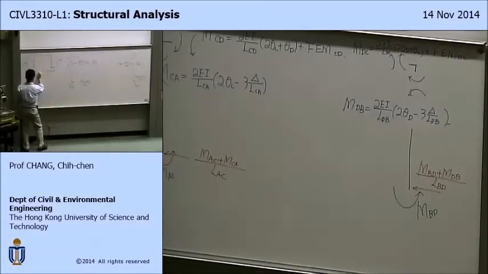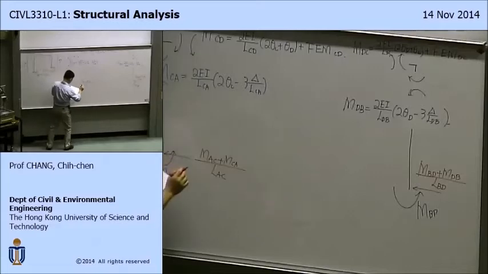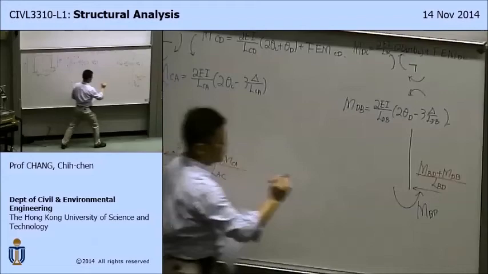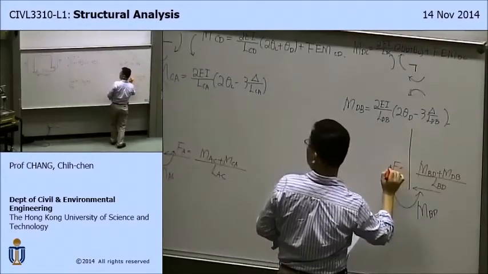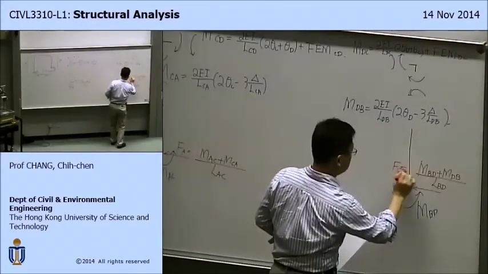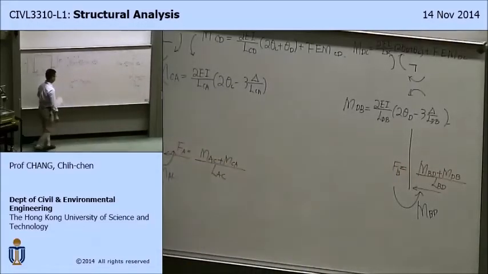So that shear force is going to act here and there. So let's call this shear force A. This is shear force B. So this is A, this is B. Okay, equilibrium comes out: FA plus FB equal to 0.